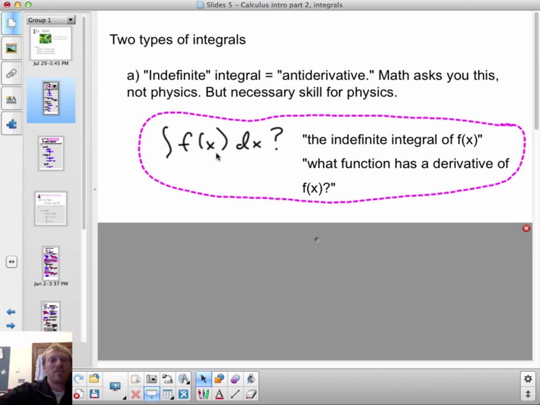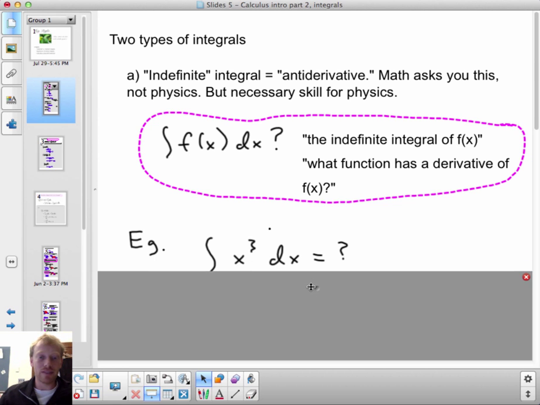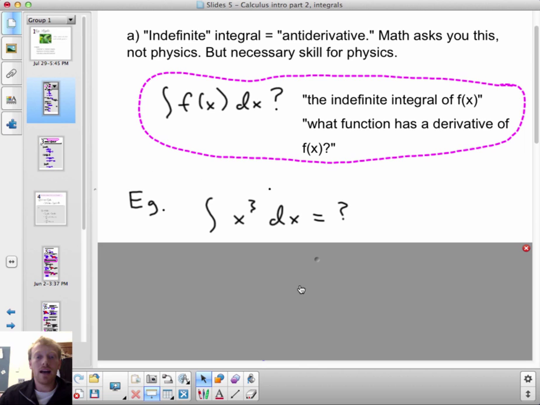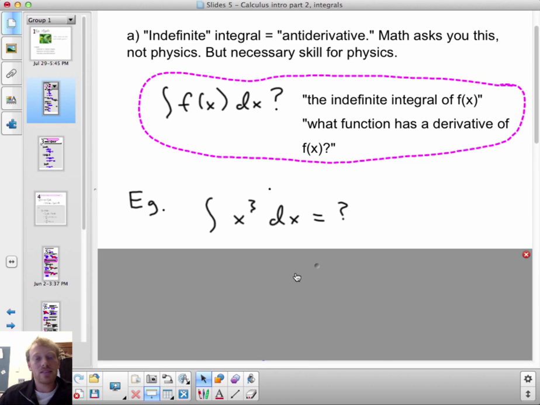It's an antiderivative. Instead of taking the derivative of f, we're asking what function, when we take its derivative, has an answer of f of x. So just for example, if I write the integral of x cubed dx, what function has a derivative of x cubed?